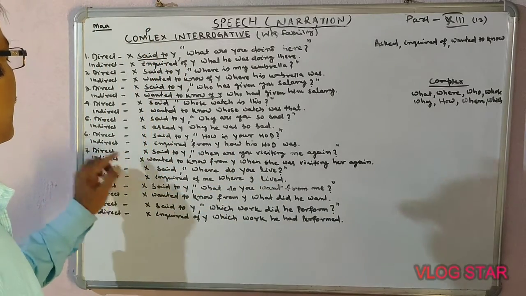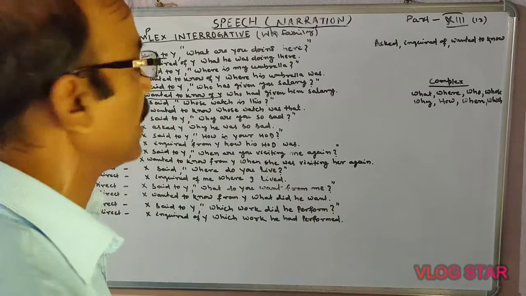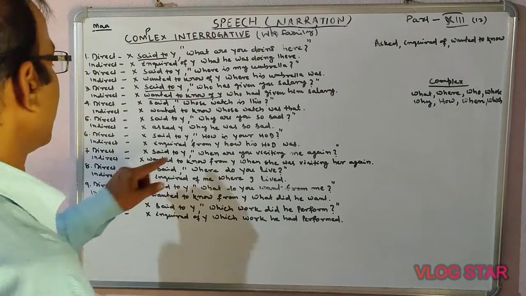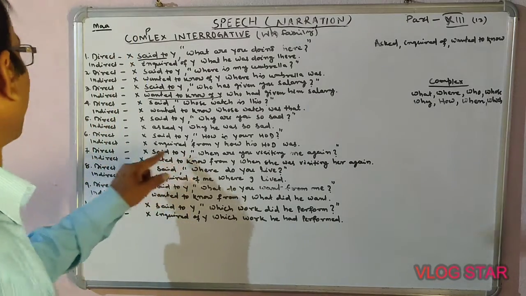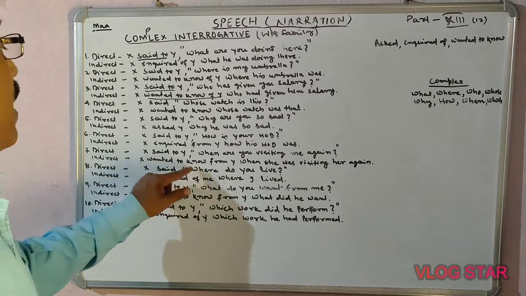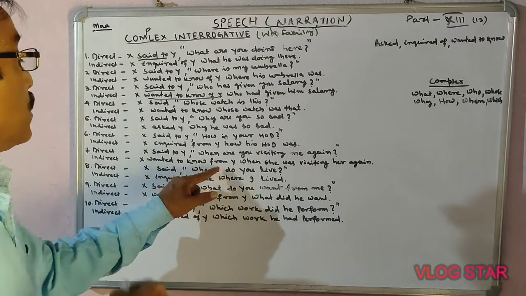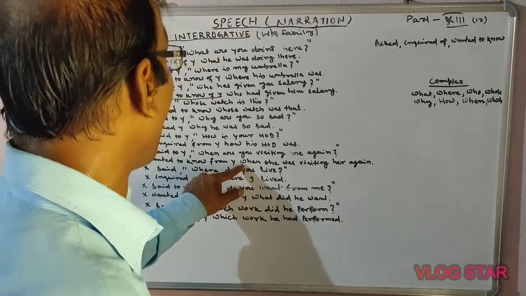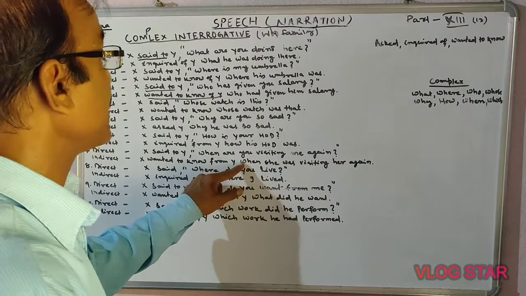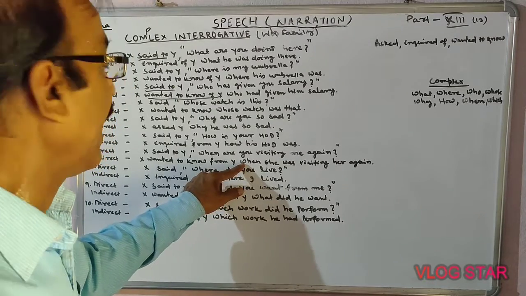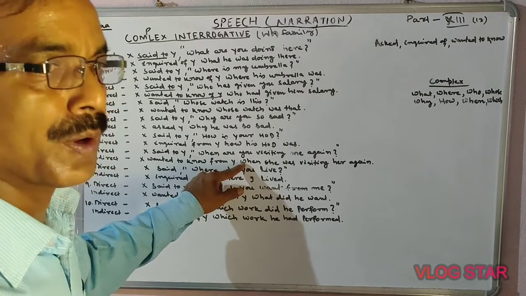Next, direct speech: X said to Y, when are you visiting me again? In indirect speech, X wanted to know from Y when she was visiting her again. Same thing, no confusion, no problem.